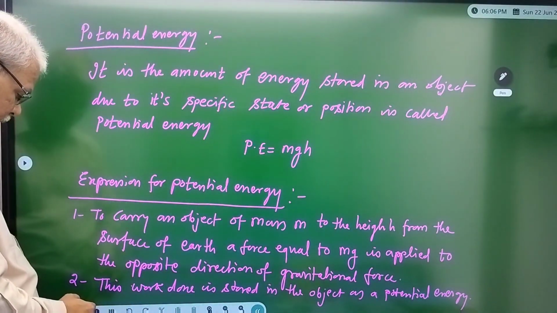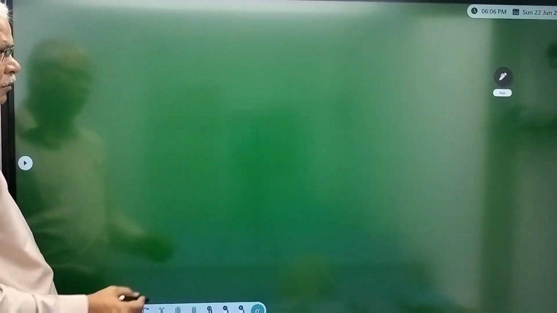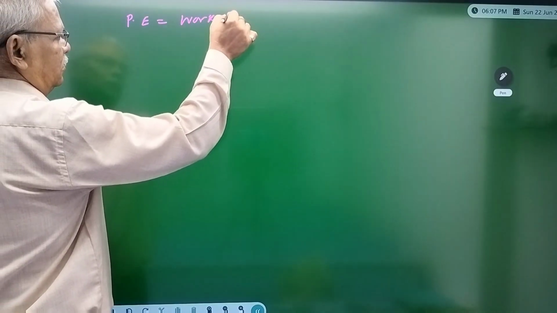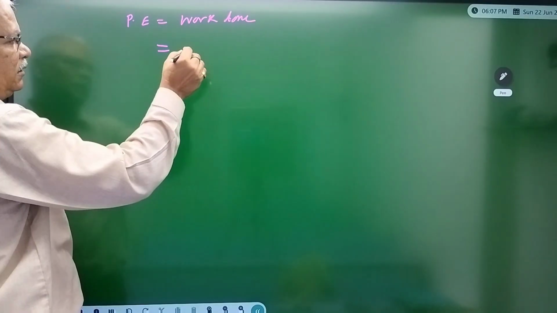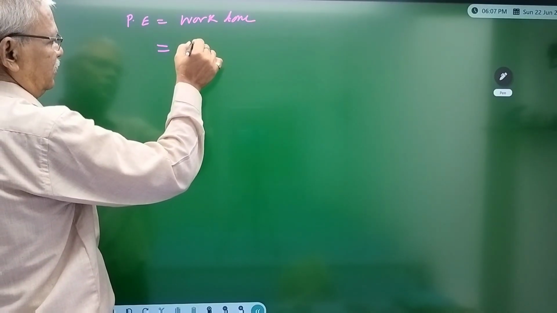Therefore, the potential energy is equal to work done. And here work done is how much?